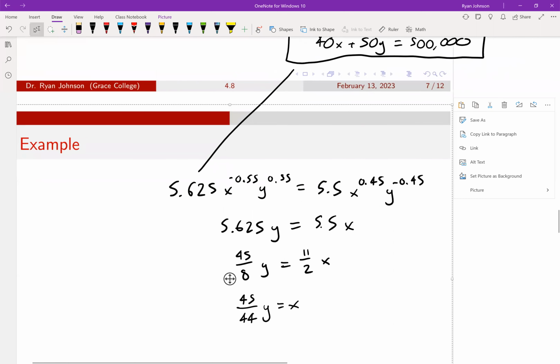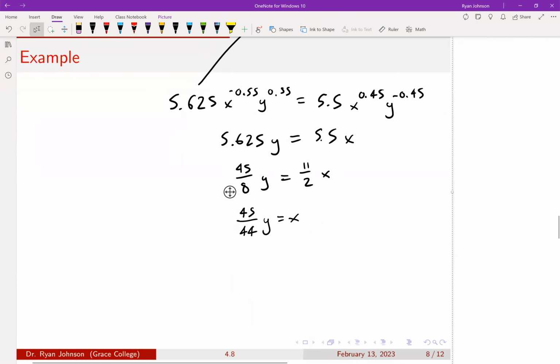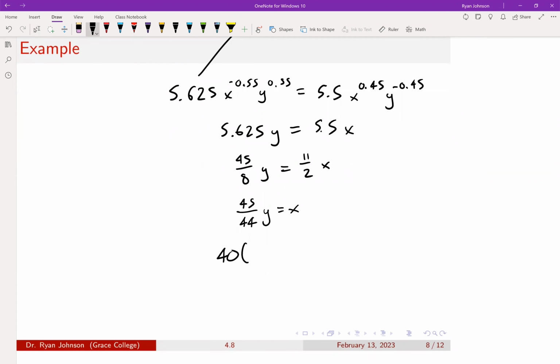Well, well, well. In that case, we can substitute for x and put in this 45 over 44 y. So 40 times 45 over 44 y plus 50 y equals 500,000, which means that y is going to equal 500,000 divided by all the things that you're multiplying by y.